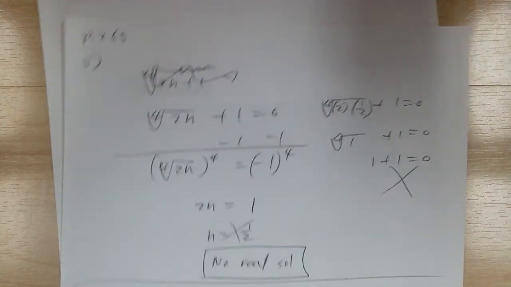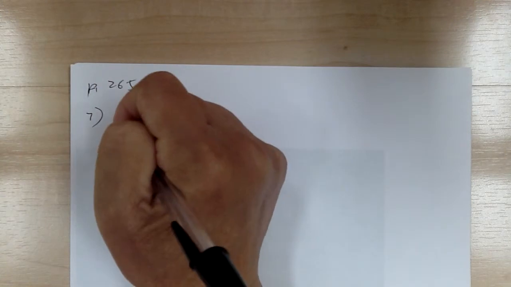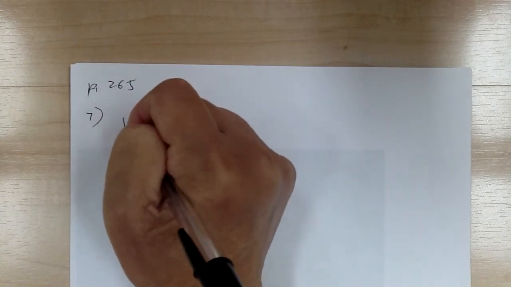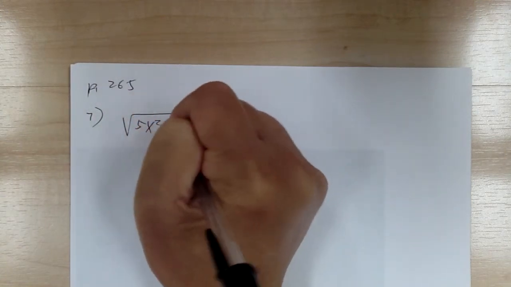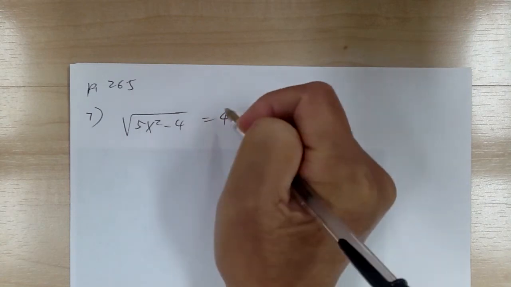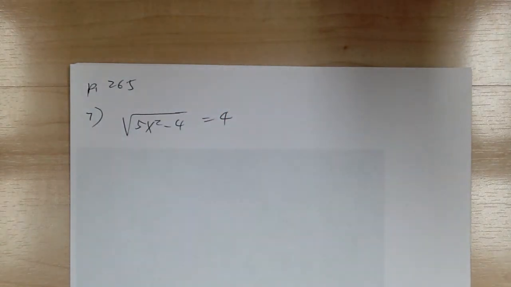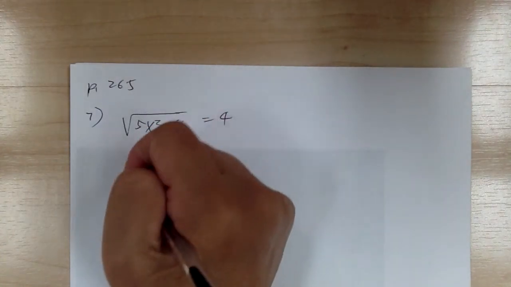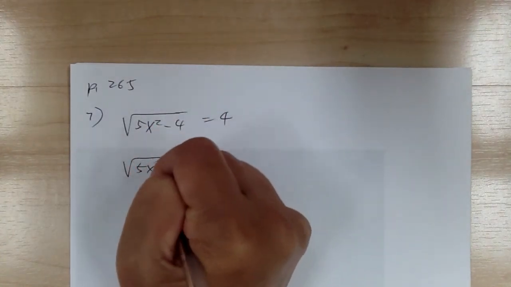Okay, let's go to number 7. Okay, you have square root of 5x squared minus 4 equal to 4. So go ahead and write this again.